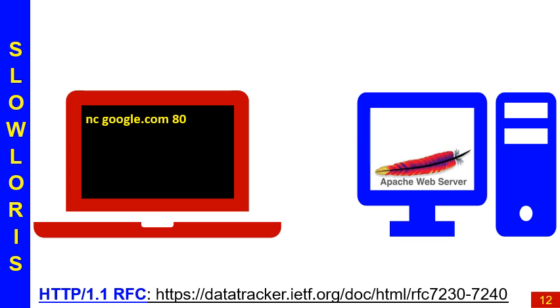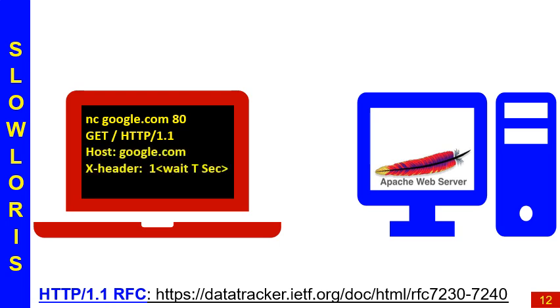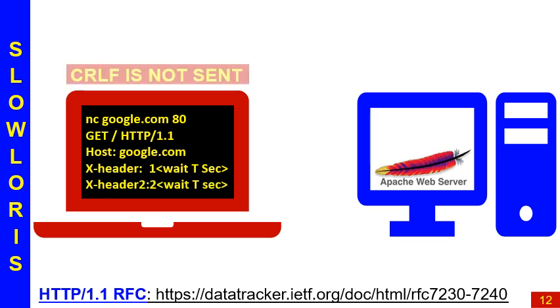The attacker connects with the server on port 80, sends a GET HTTP request along with the version, sets the host name, and then sends a header and waits for T seconds. Before the server decides that the connection is timed out, the attacker again sends another header but does not send another CRLF, which means the connection is not complete.